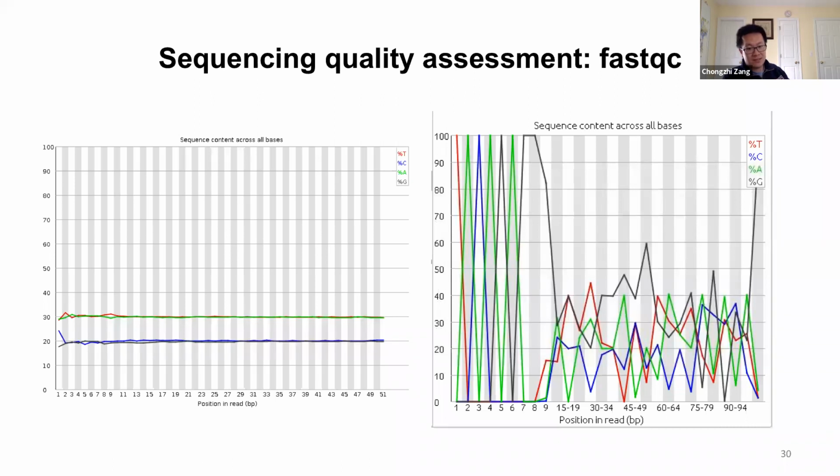So this step has to be taken care of in the library preparation or some other step, to make sure that whatever sequence reads go into the sequencing machine already exclude the barcode or adapters. Well, okay, for the barcode, that could be a different story.